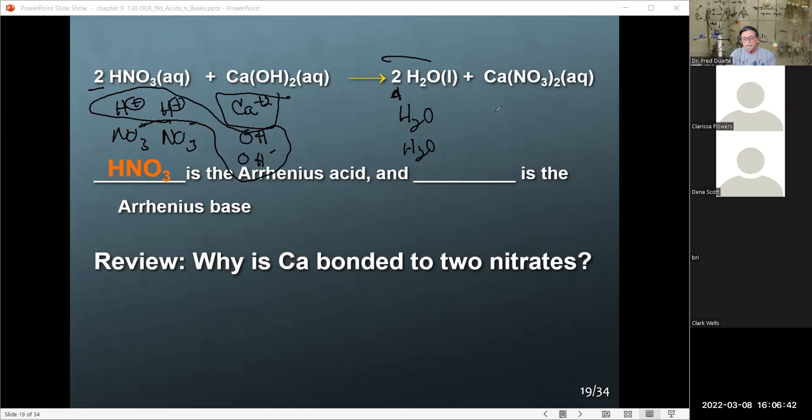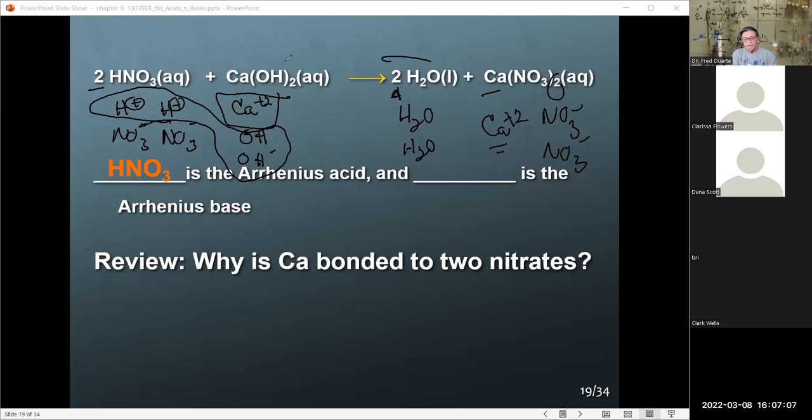So that continues over here: the calcium ion plus the 2 nitrates. I put everything in ions so we can see what's happening. I got 2 nitrates, denoted by the 2 in parentheses, then 1 calcium, then 2 waters separated. Everything is in ions so I can see the full picture.